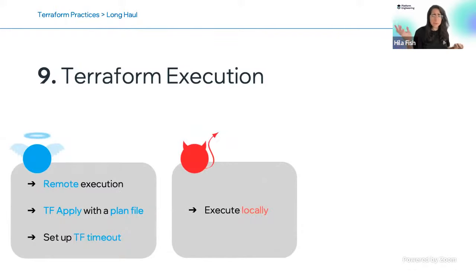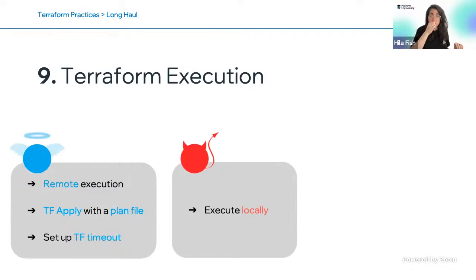The bad thing is to really execute locally, because again, you need local credentials, configurations, and no audits whatsoever. And also another thing that I want to mention about remote execution is that, as I said before, if you run Terraform apply, then you will need to have a Terraform state file lock, right? Because you want to make sure that nobody else makes any changes during your changes. And if you have remote execution, then you can leverage tools to help you with the state lock.